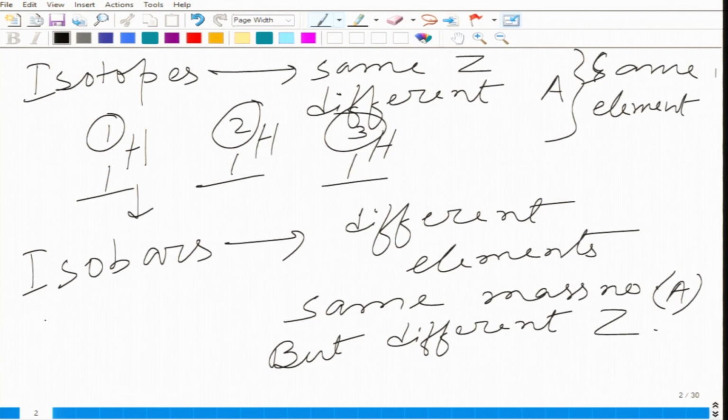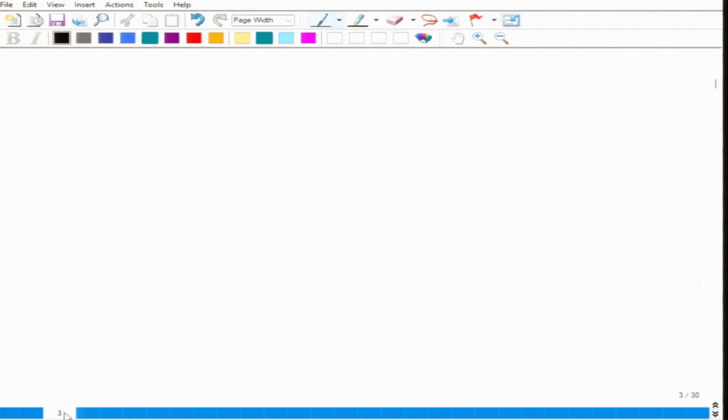So, some examples of isobars were like nitrogen 14 and carbon 14. Why? Because the most common atom of carbon has a mass number of 12, but carbon 14 is an isotope of carbon which is isobaric to nitrogen 14, that is, they have different atomic numbers but the same mass numbers. So, these are isobars.